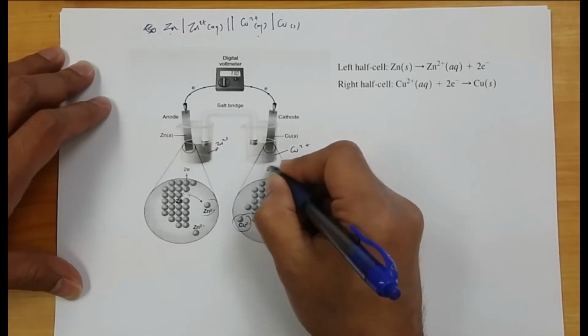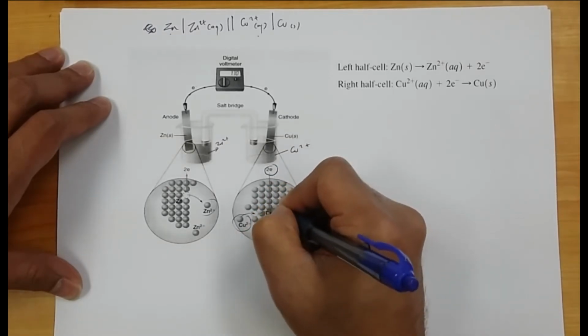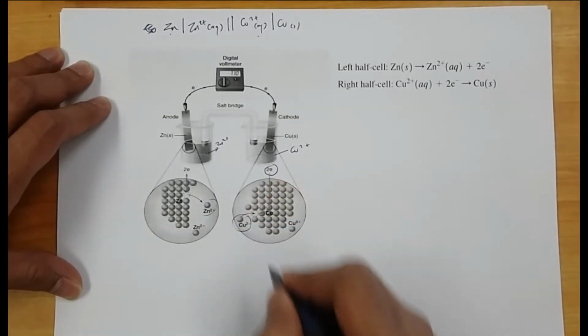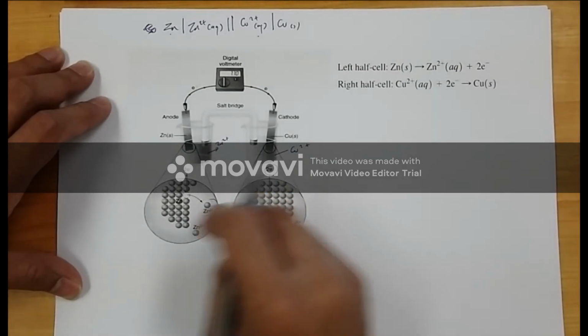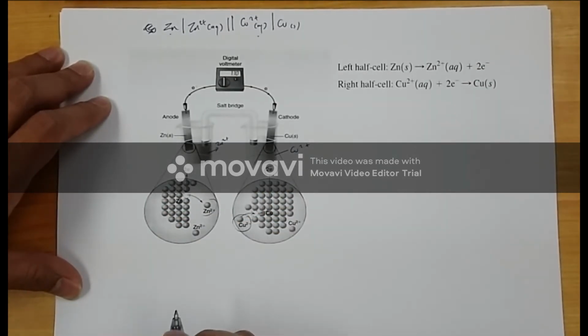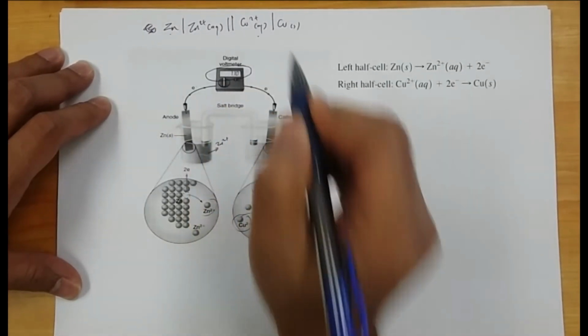Because you are using the electrons in the copper metal to reduce copper 2 plus, there will be an excess of positive charge, more positive than the zinc side. Because of this potential difference, we see a build up in the potential here in the voltmeter.